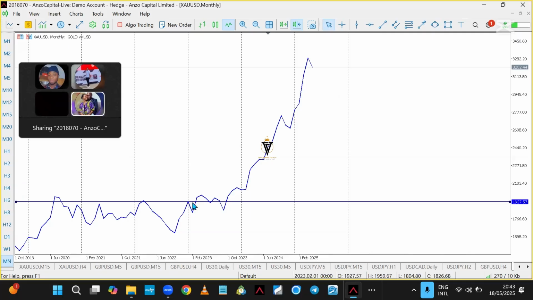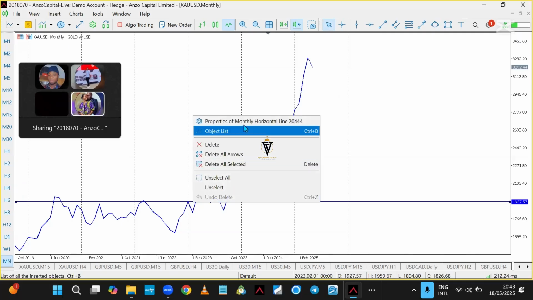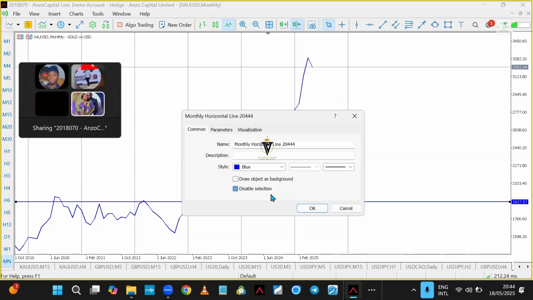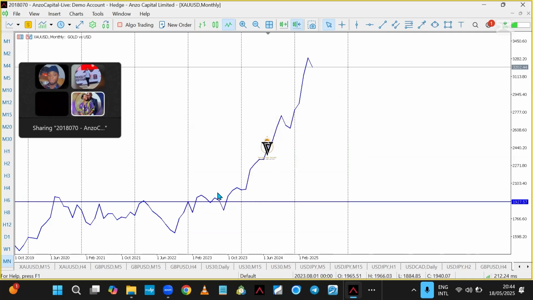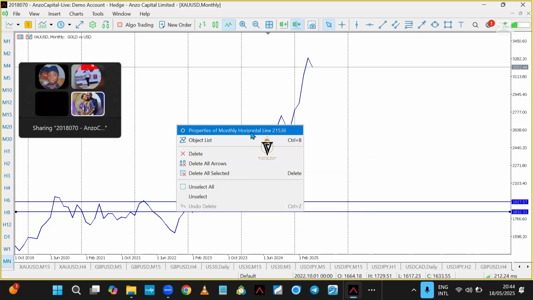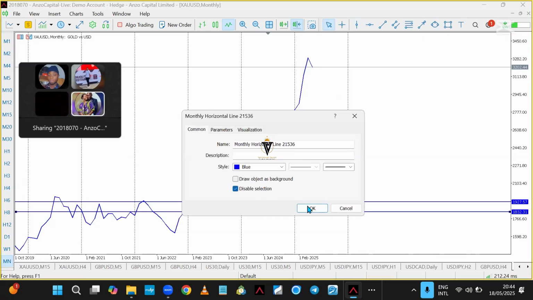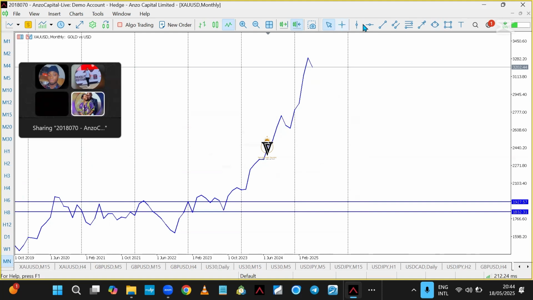So let's have this. This is gold on a monthly time frame. The levels here are not much, so we'll make do with the few we have. Let's see.